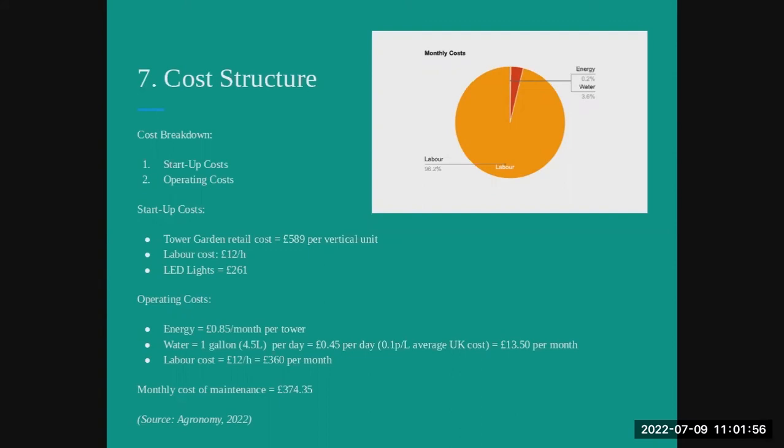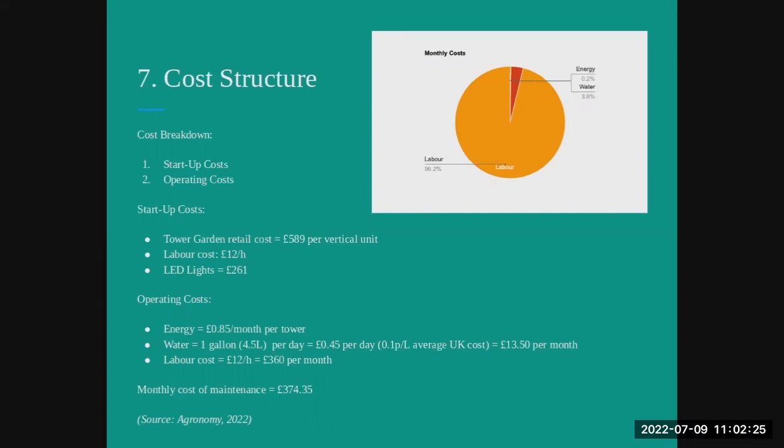And now looking at operating costs. These are the costs of maintaining and the general upkeep of having the Tower Gardens. In terms of energy, this amounts to about 85 pence per month per tower. This is because LED lights are made to use a low wattage of power, so they don't consume too much energy and they are quite efficient.